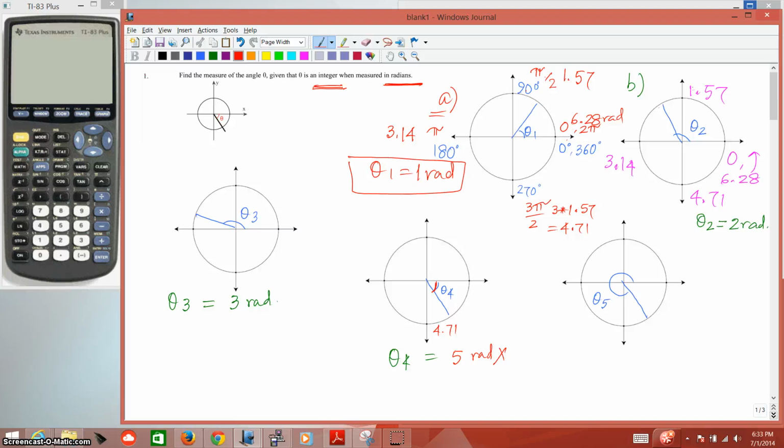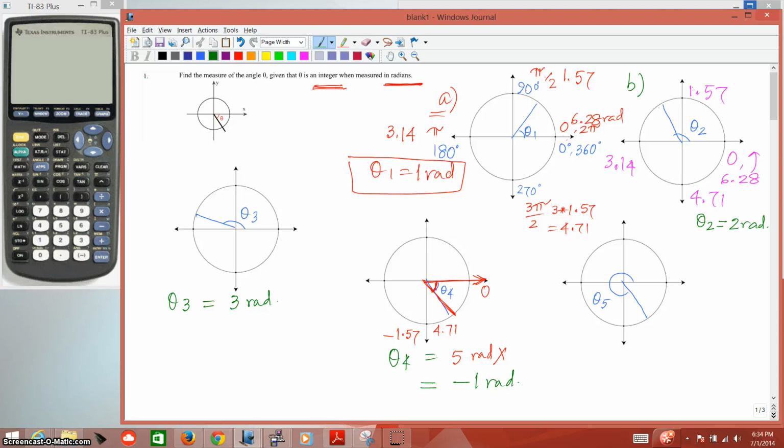If you think about the standard angle, your initial ray is along the positive x-axis and the terminal ray will determine the measurement of that angle, and you can generate this angle by going clockwise only. So this angle turns out to be a negative angle. It is between 0 and negative 1.57. So the only possibility for this type of angle, theta 4, will be negative 1 radian.